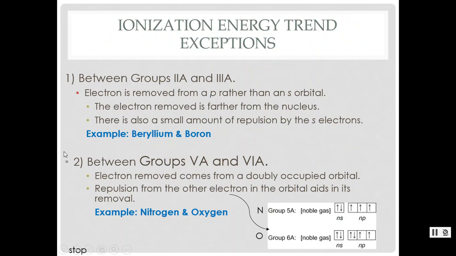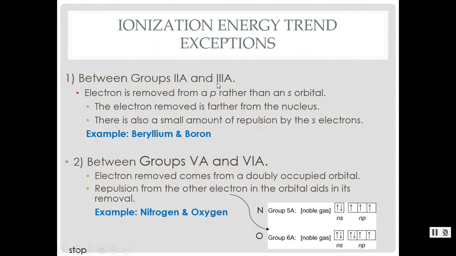If you think about the ionization energy trend between groups 2 and 3, when you start removing an electron from group 2, you're going to remove it from an s orbital.